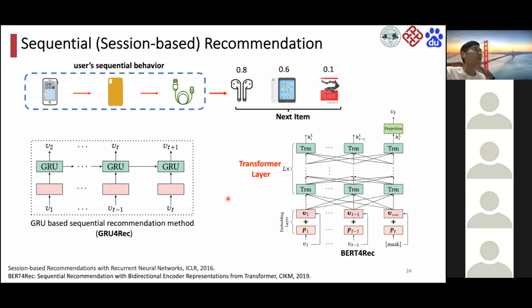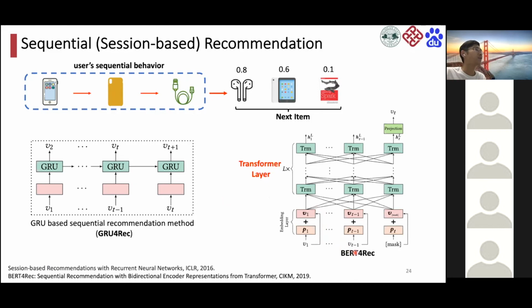Another representative method in sequential recommendation is BERT4Rec, which employs deep bidirectional self-attention to model the user behavior sequence. Actually, they are inspired by the success of BERT in the NLP area, and use it to model the sequential information for the users.